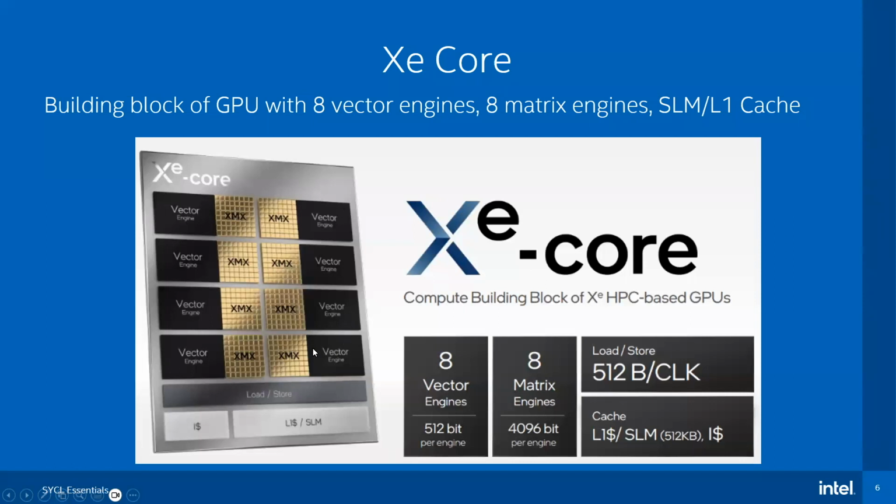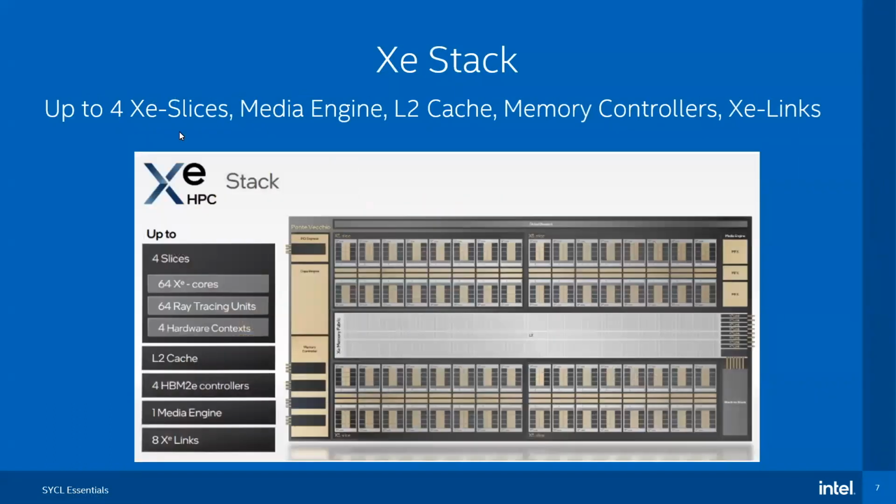There are 8 vector engines, and there are also 8 matrix engines, or XMX as we call it here. And this block also has a shared local memory, which is shared by all of these vector engines. This makes up the building block of the GPU, and many of those Xe cores, you can see each one of these Xe cores are inside here.